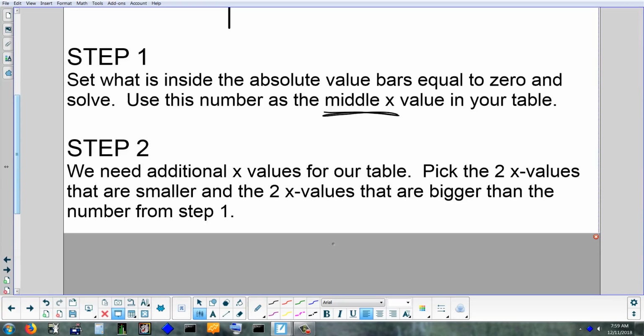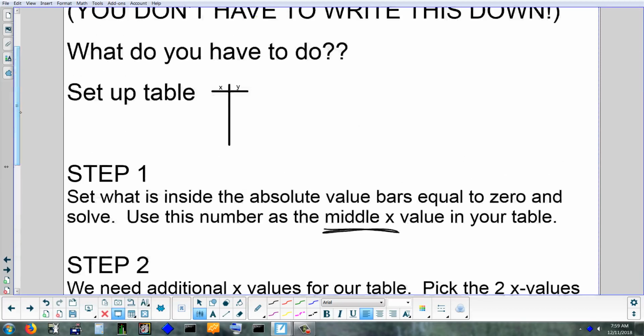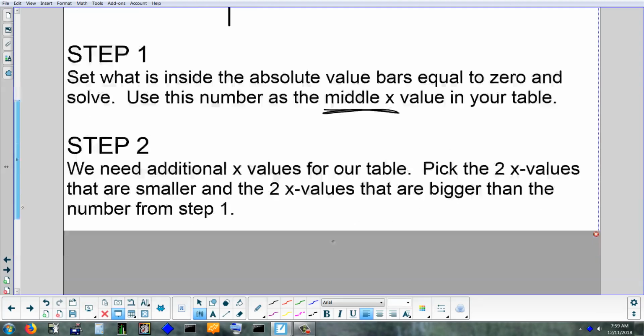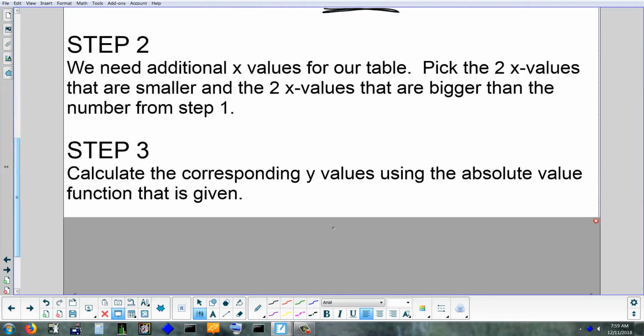Now, how many would we have in total at this point for x values? We'd have 5, but we're missing something. What are we missing? We're missing all the y values. That's the next step. We're going to calculate the y values. What does that mean, calculate the corresponding y values using the absolute value function that's given?